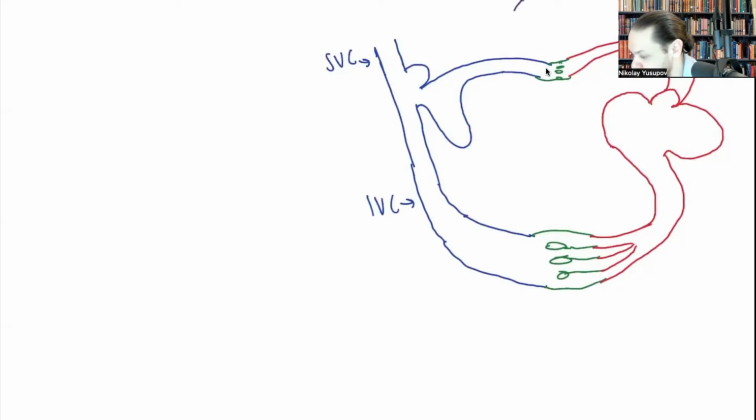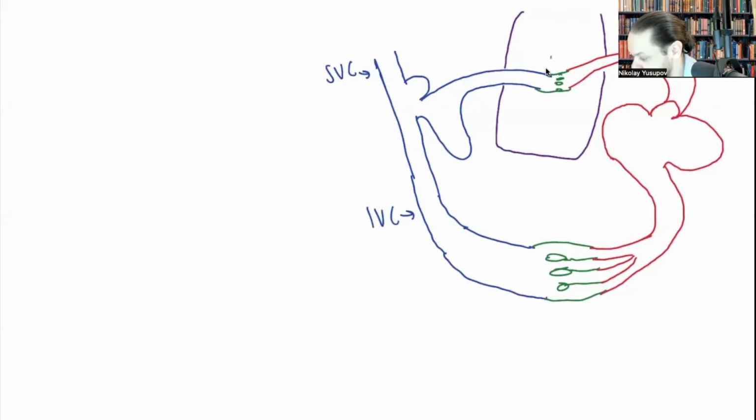I'm gonna draw one lung, but you guys know we have two lungs. And then here, we're gonna do some alveoli. Right, so we have the lungs.